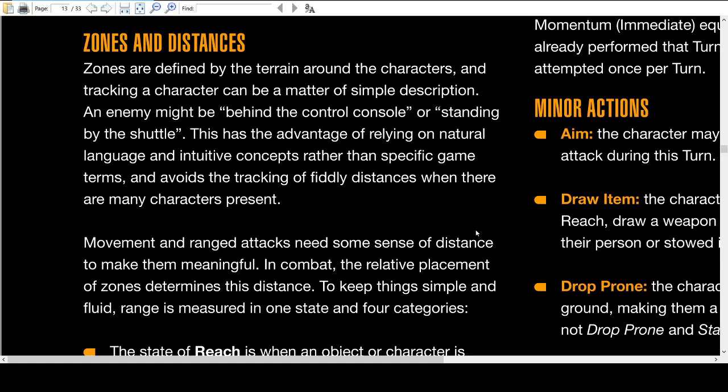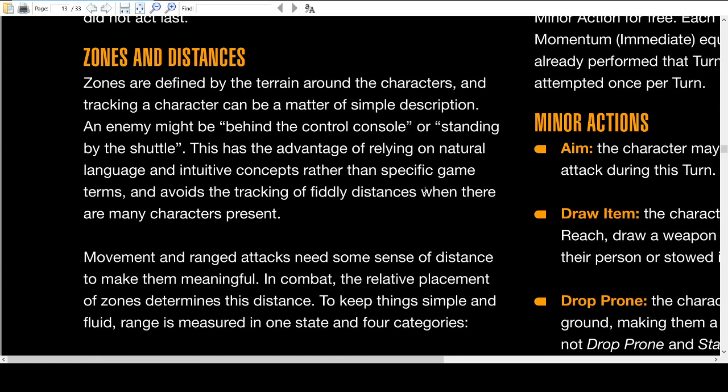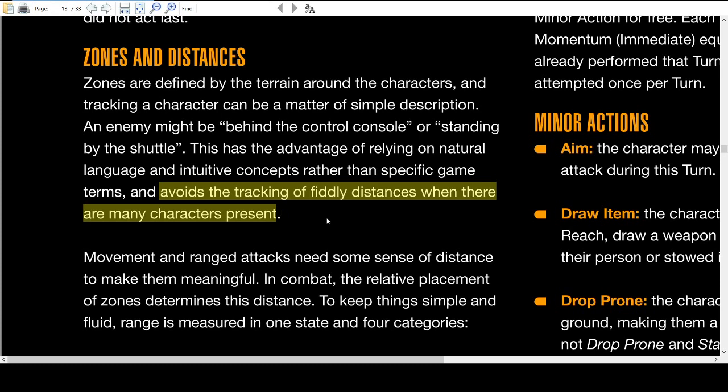Alright, so before we get into that, this is something that I'm also quite fond of, in the sense that the intent or the design concept behind Star Trek Adventures in terms of combat is using simple descriptions, as well as discarding the notion of keeping track of everything by a fixed amount of distance, just to know where everyone is.